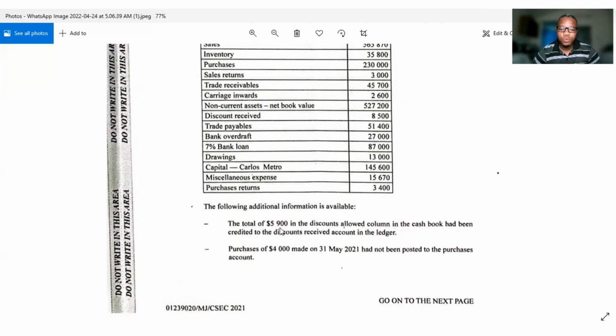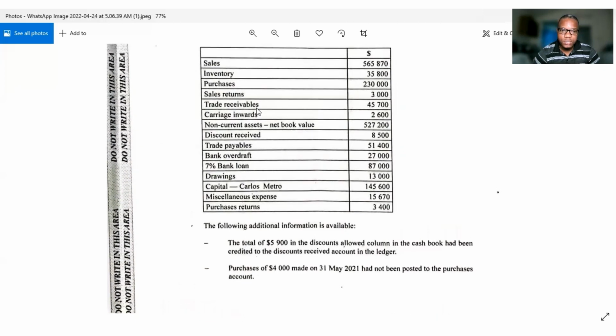So the discount received figure, 5,900 out of this 8,500, should be discount allowed. You have to make a note of that.